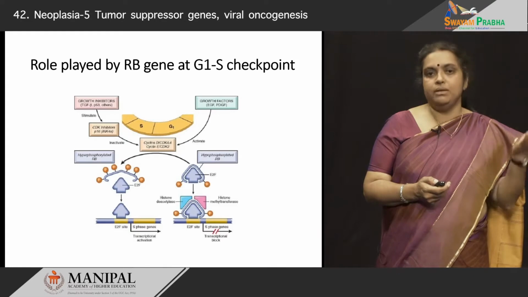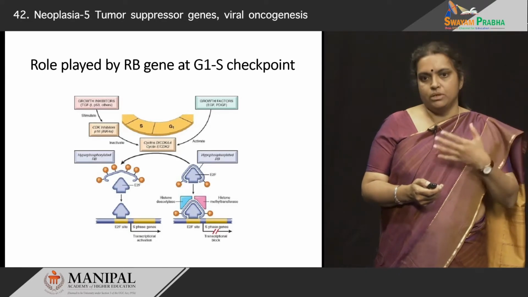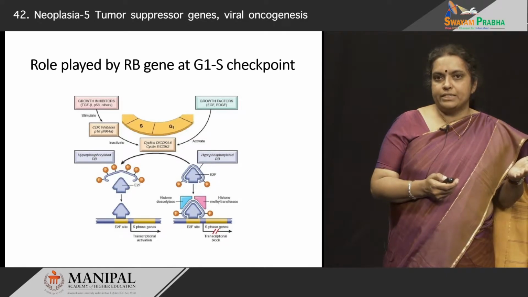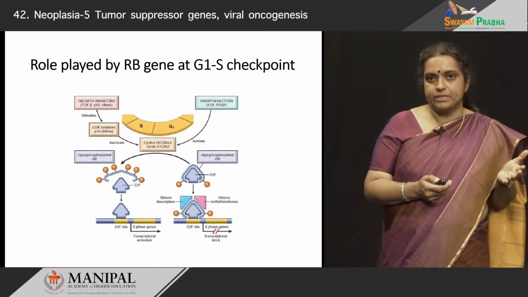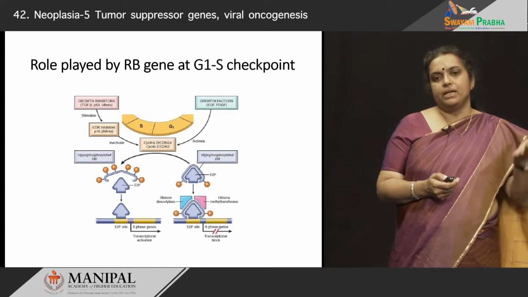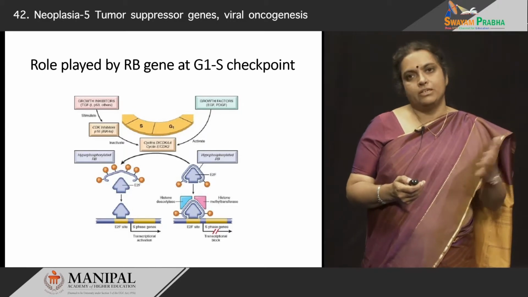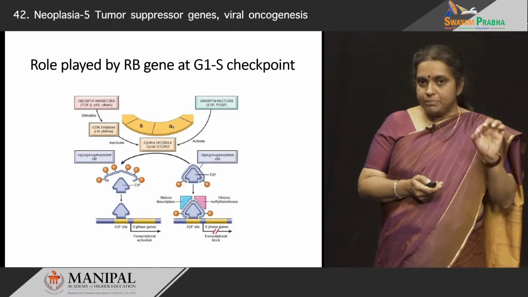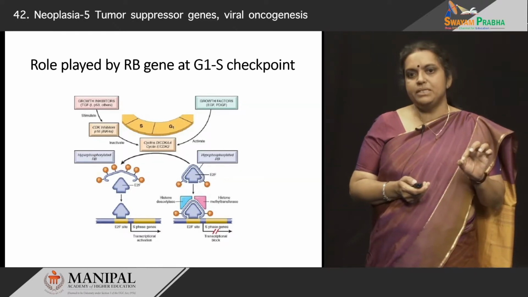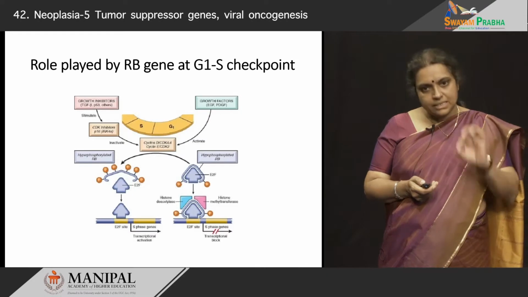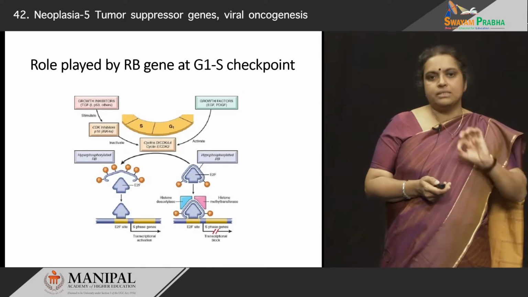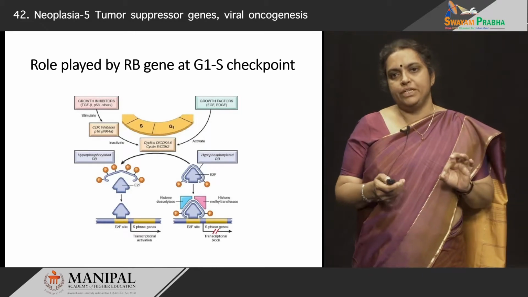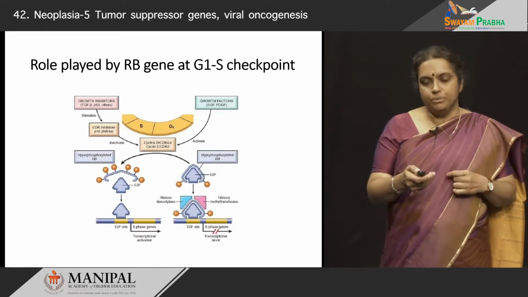So, it is unavailable for the cell to go into proliferation, whereas when it is phosphorylated, or when it becomes inactive, it releases the E2F, and the E2F is available for transcription. So, if you have the RB gene inactivated, which means the RB protein is inactivated, which means it is hyperphosphorylated, which in turn leads to release of E2F, and the cell goes into proliferation.